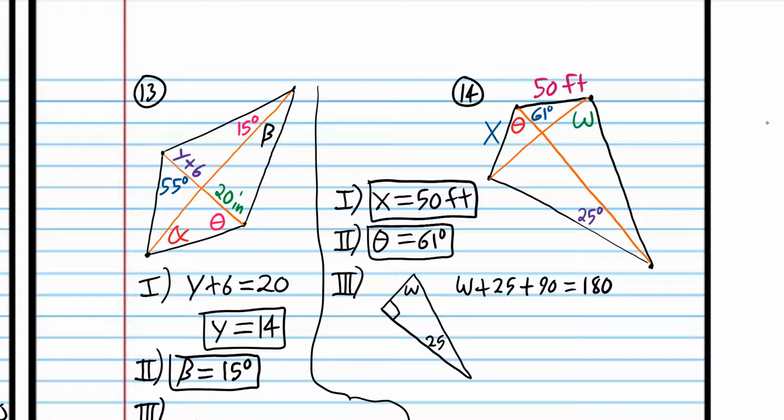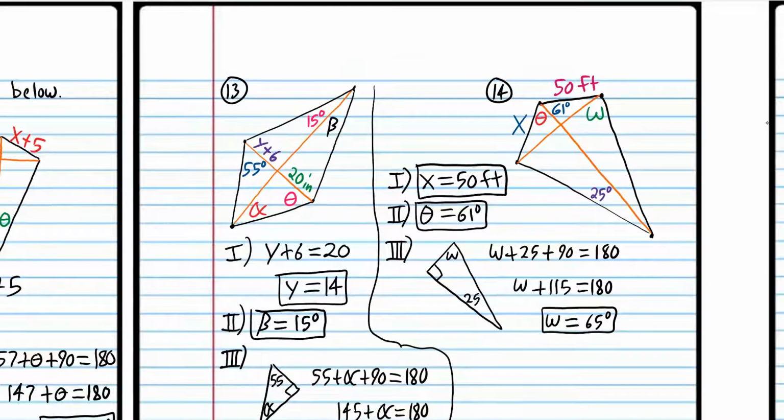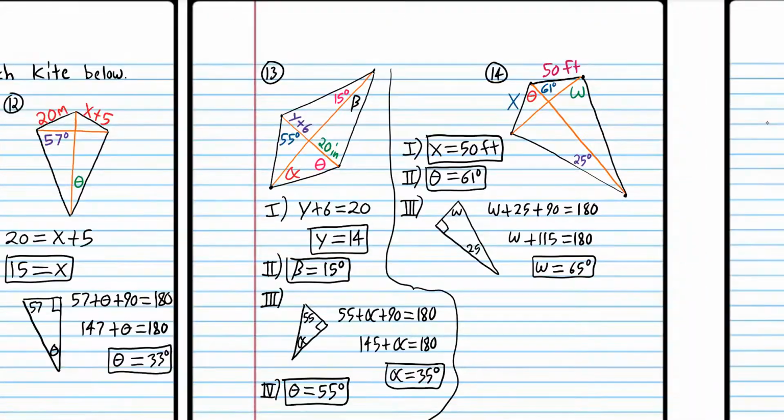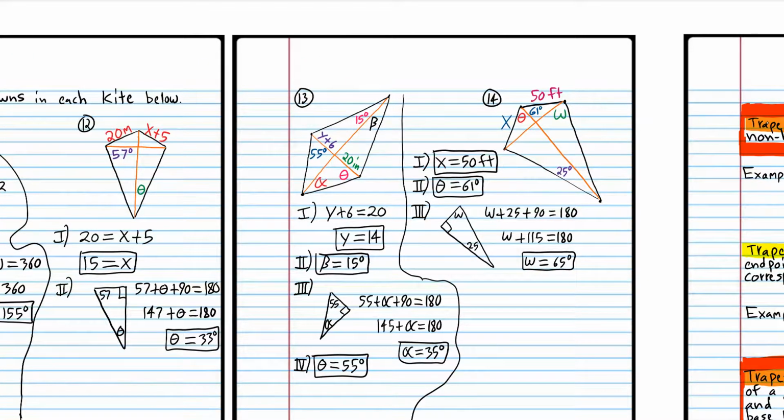Add 90 and 25 and we get 115. Subtract 115 and we get 65 degrees. So omega is 65. And 1, 2, 3 variables we're looking for, so that looks like that's it. So if you got that answer, good job.